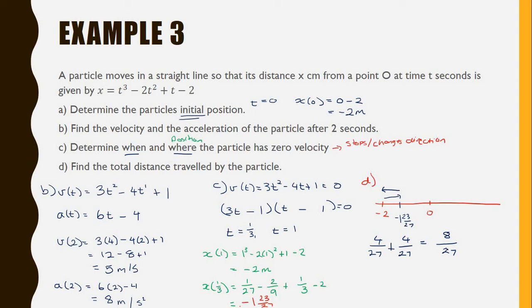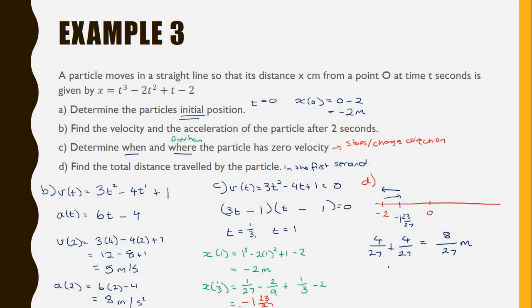Oh, we should have said something here, shouldn't we? Let's say find the total distance travelled by the particle in the first second, because obviously it could keep travelling. But within the first second, by the time we get up to x equals 1, is going to be 8 over 27 metres.